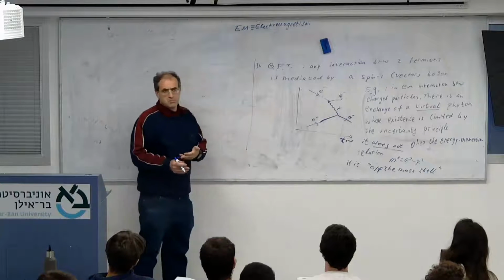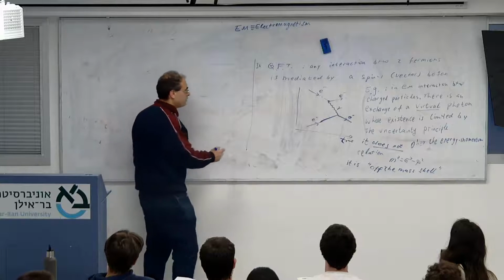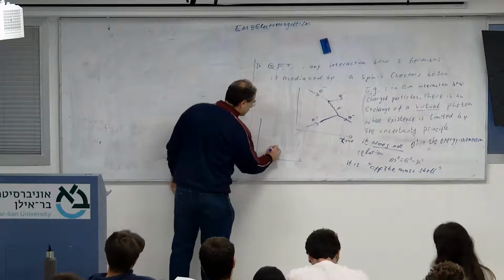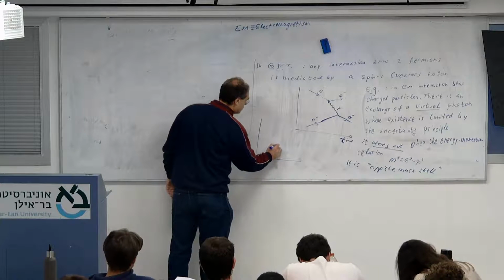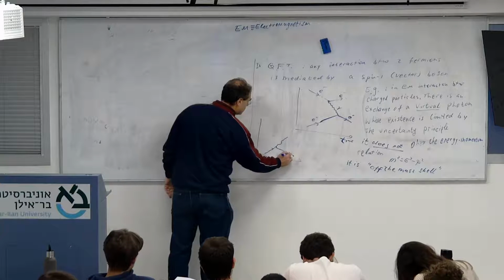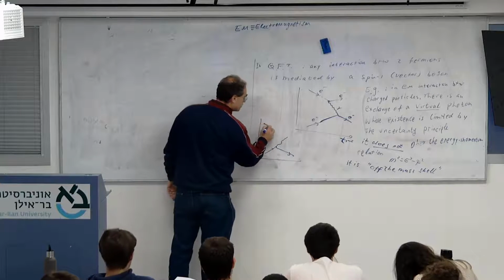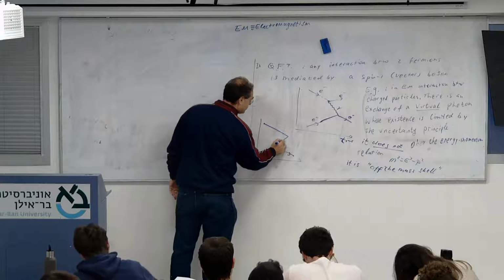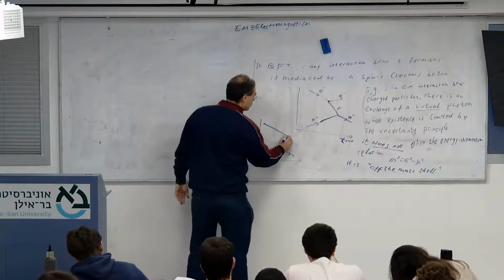Of course, it can be exactly the opposite. We can have a situation where the lower electron emits a photon, and then this photon is only later absorbed by the upper electron.